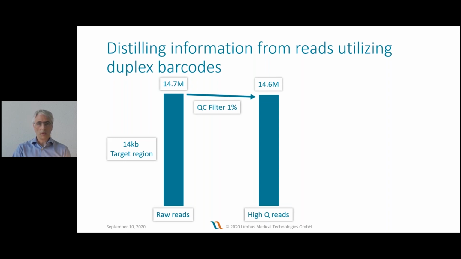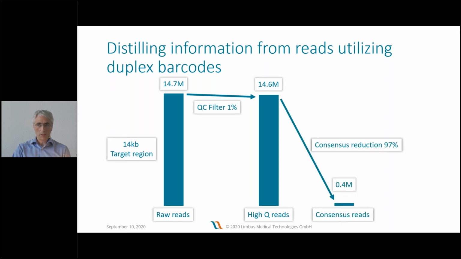This only filtered out about 1% of the reads, and from these high quality reads we generated those consensus reads that I mentioned on my previous slide. And this basically boils down the data to a mere 400,000 reads per sample. But these 400,000 reads are highly reliable consensus reads that are basically free from noise.